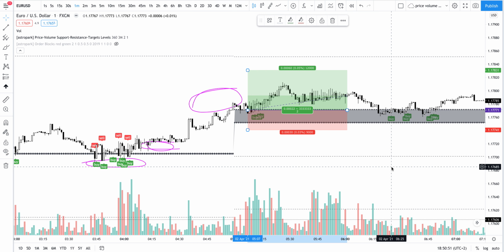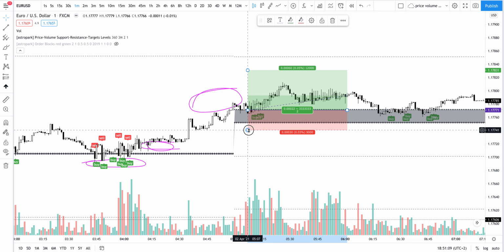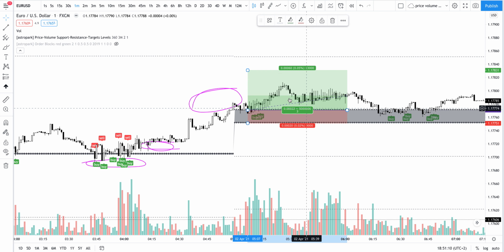Even if you are right 1 time and wrong 10 times, it's fine. When you are wrong you lose 1 and when you are right you win at least 2 or 3, you are always a profitable trader, and you want to be a profitable trader, right?